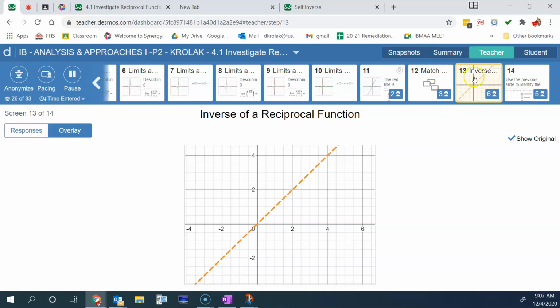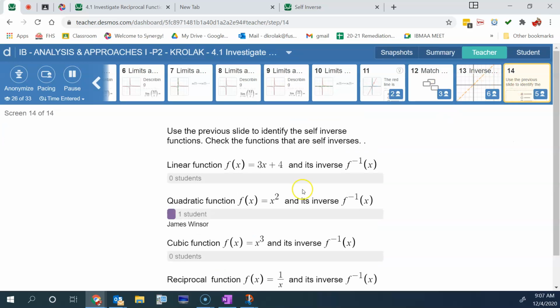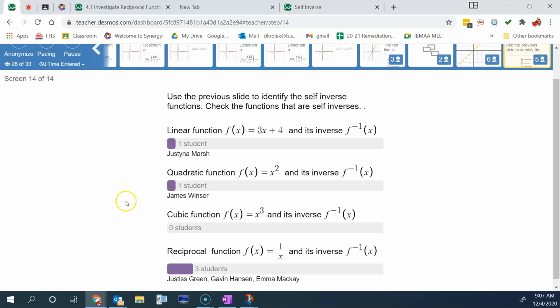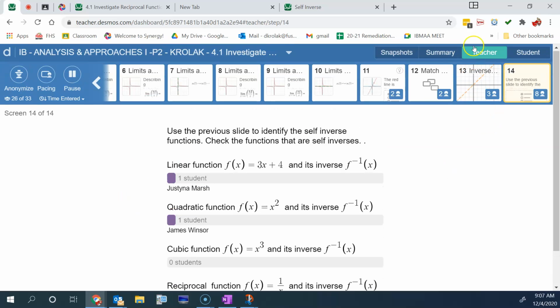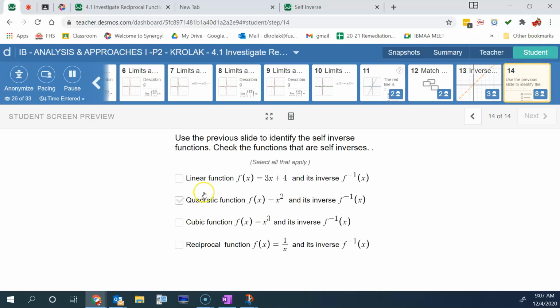So that's what I had on that slide. Using the previous slide, it said identify which one of these is its own inverse. The reciprocal function is its own inverse. You don't have to turn anything in. Once you're done, it's recorded.